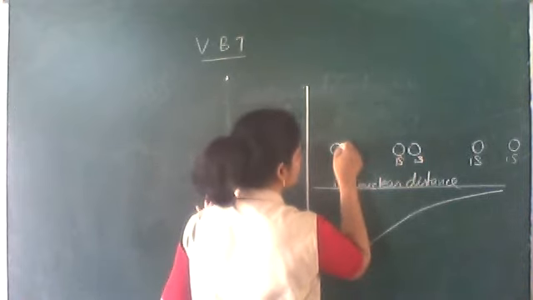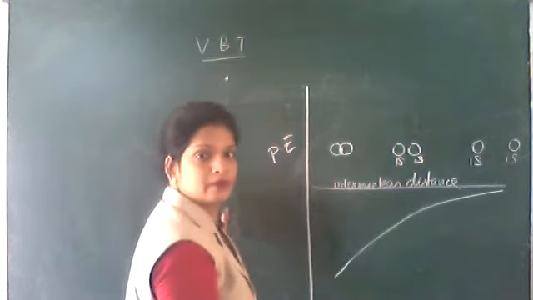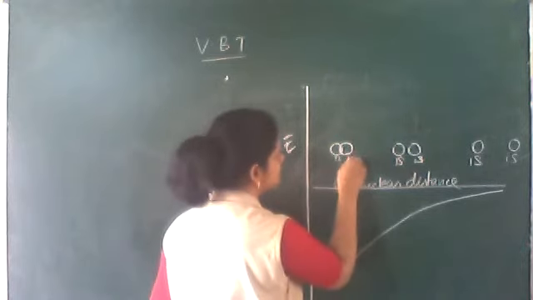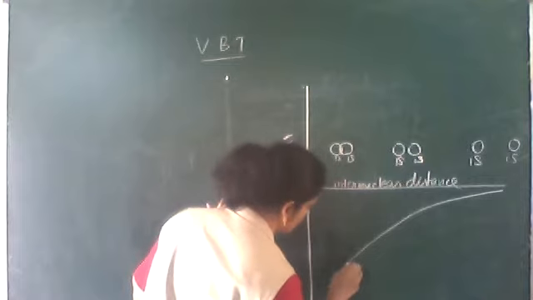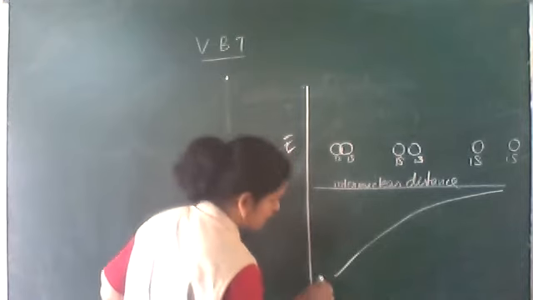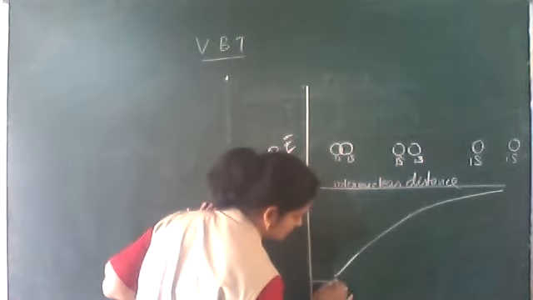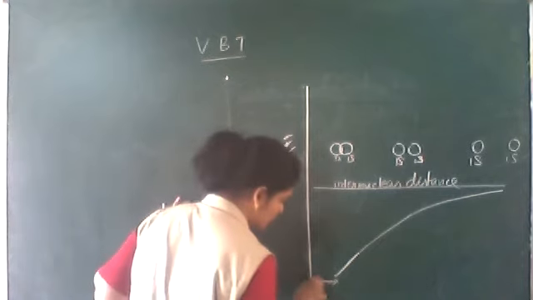This is the point, and after that, if they are made to come closer, the repulsion dominates. Here the bond is formed, and this internuclear distance is the bond length.